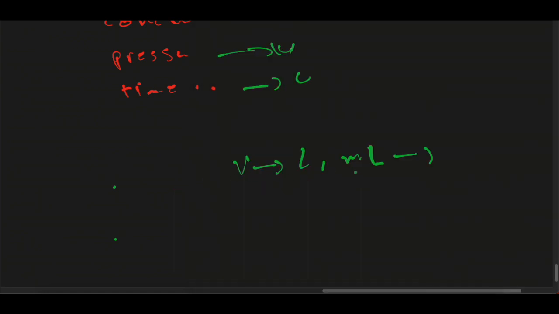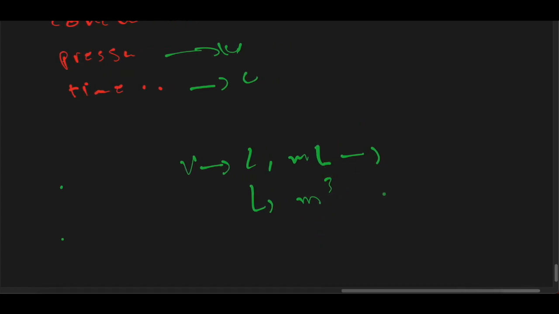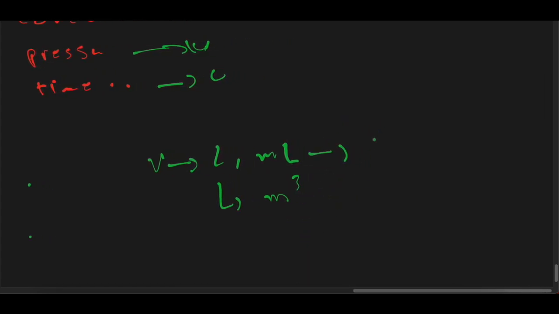For example, liter can be written in terms of cubic meter. So we can go from the liter to the cubic meter. But as I said, in chemistry it's more common to use liter or milliliters.